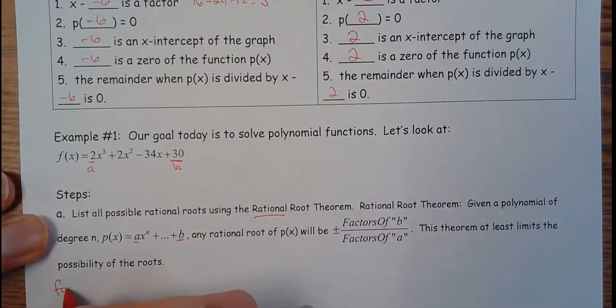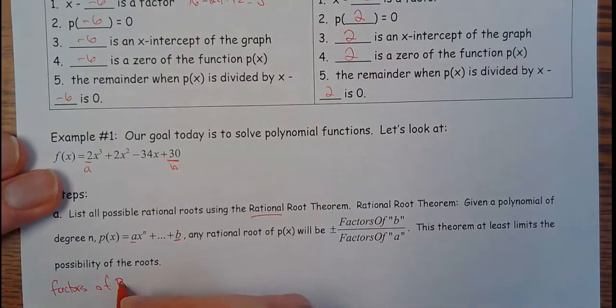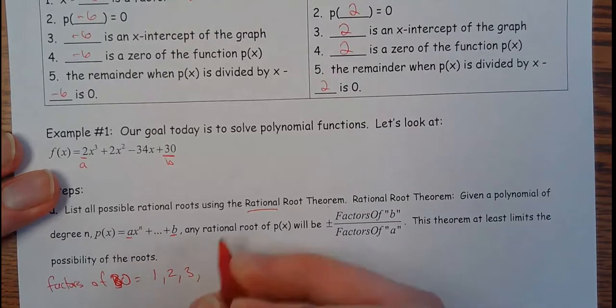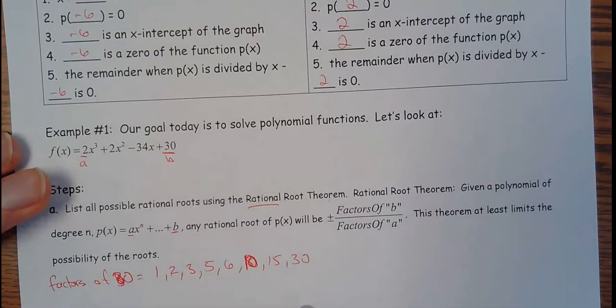Factors of b, so factors of 30 would be 1, 2, 3, 5, 6, 10, we can skip ahead here to 15, and then 30.